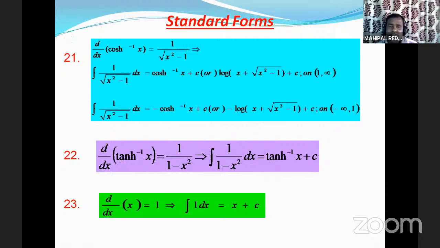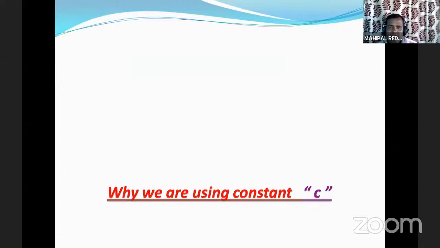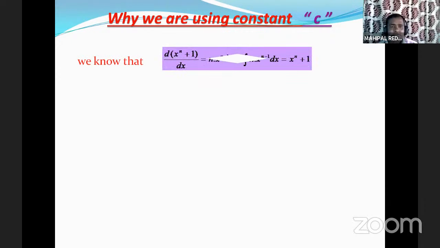Why are we using the c? Now I'm going to explain why the value is always a constant c. Look children, you already learned the derivatives.